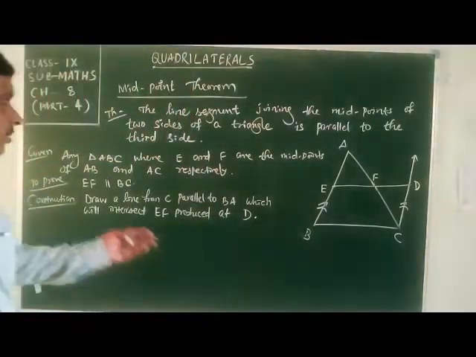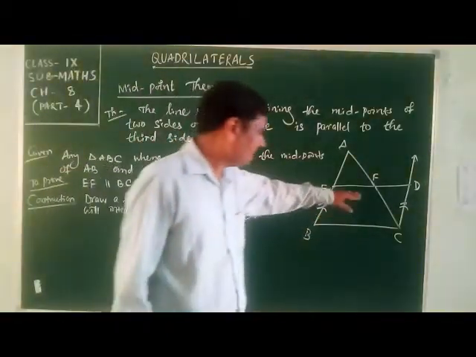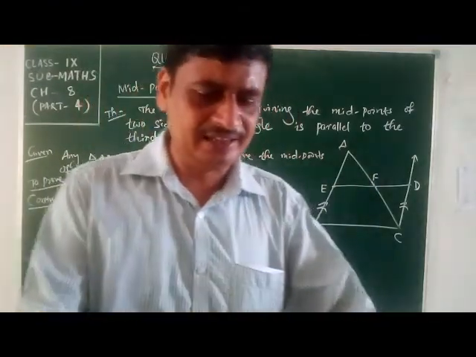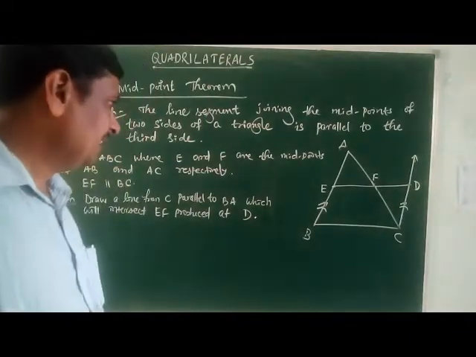From this construction, we have to prove EF and BC both are parallel. How can you make them parallel?